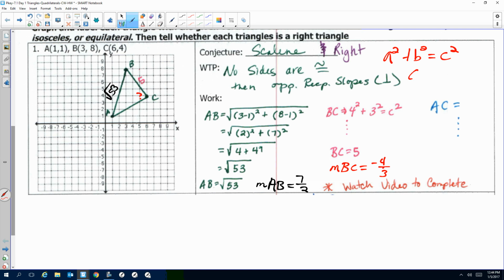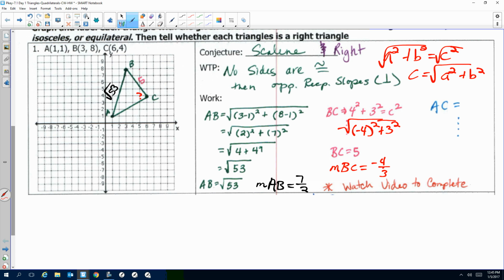If I want to find just the c, then I just have to take the square root of both sides. So c is really everything underneath the radical, a squared plus b squared. Well, the beauty of this is if I square a negative number, it's always going to be positive. That's why I can say just 4 squared, because I could actually count a different way. So if I do it all at once, this comes out to be 25. The square root of 25 is 5.